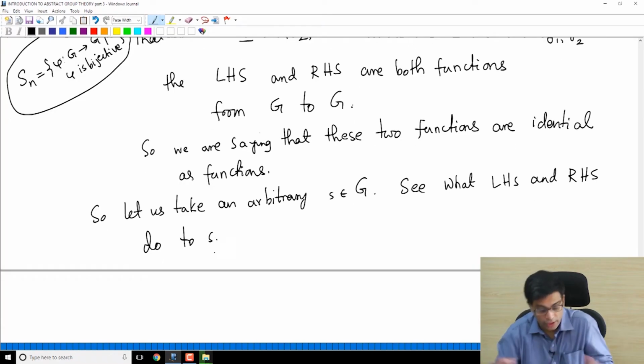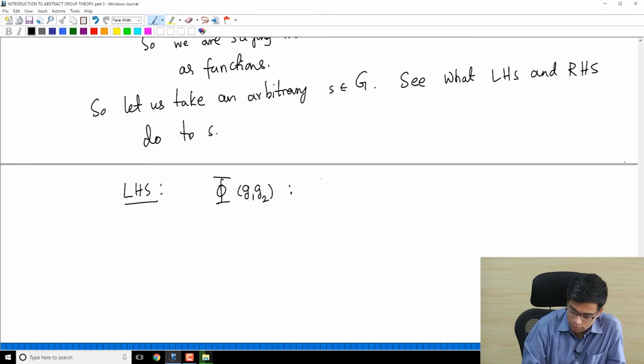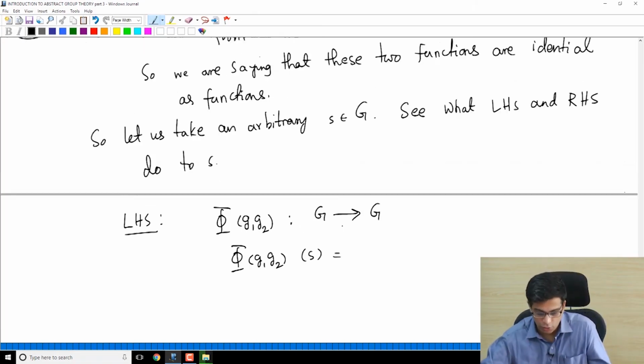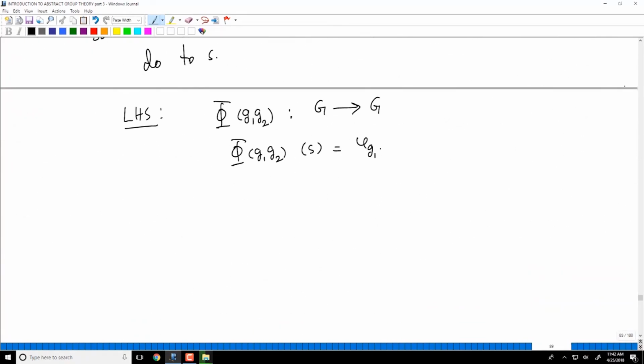Okay, so let's do LHS. LHS is Phi of g1g2. That's a function from G to G, right? What does it do to s? Phi of g1g2, remember, is phi sub g1g2, because capital Phi as a function from G to Sn sends a small g to phi sub g.